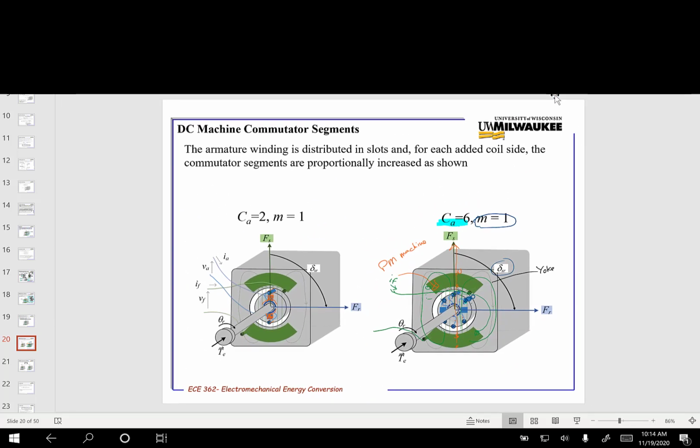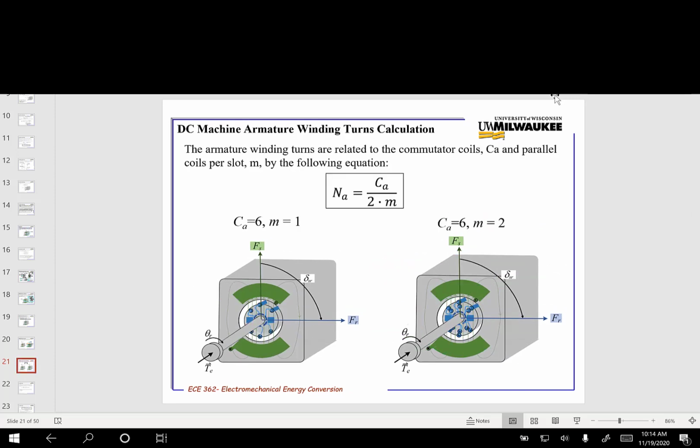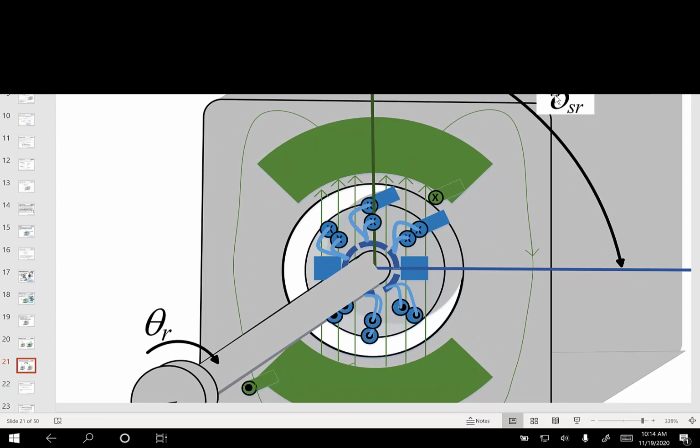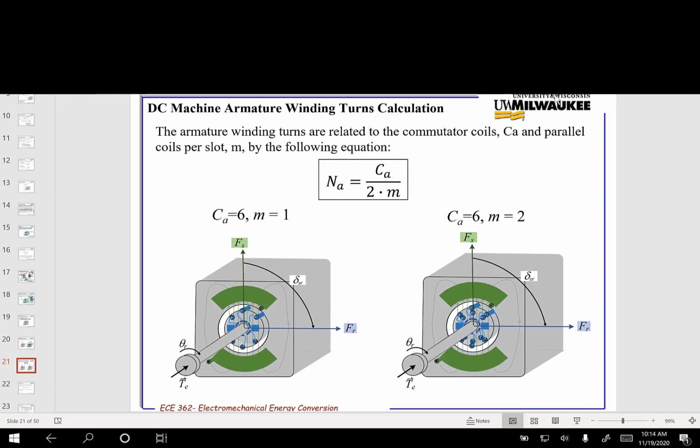So the result is that, as we're showing right here, I've got more conductors per slot per segment, and as a result we come up with an equivalent armature winding turns. And this is the thing that you need to remember about DC machines.